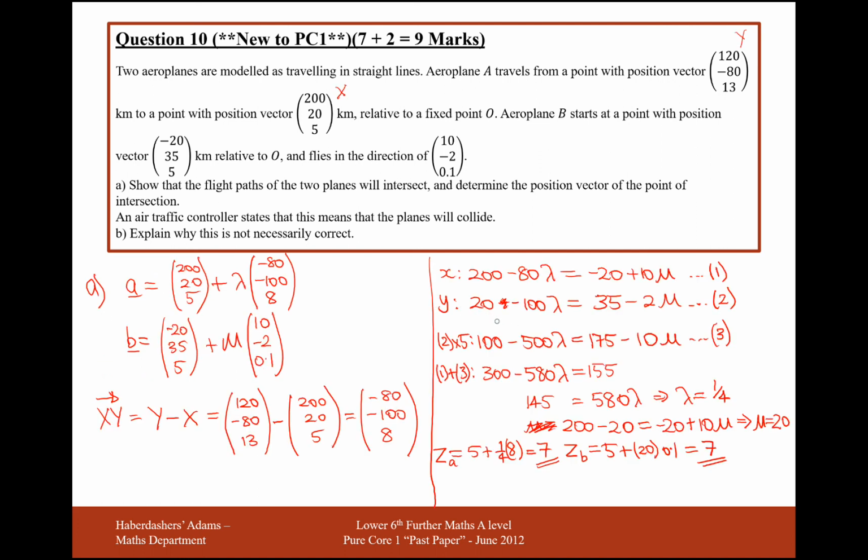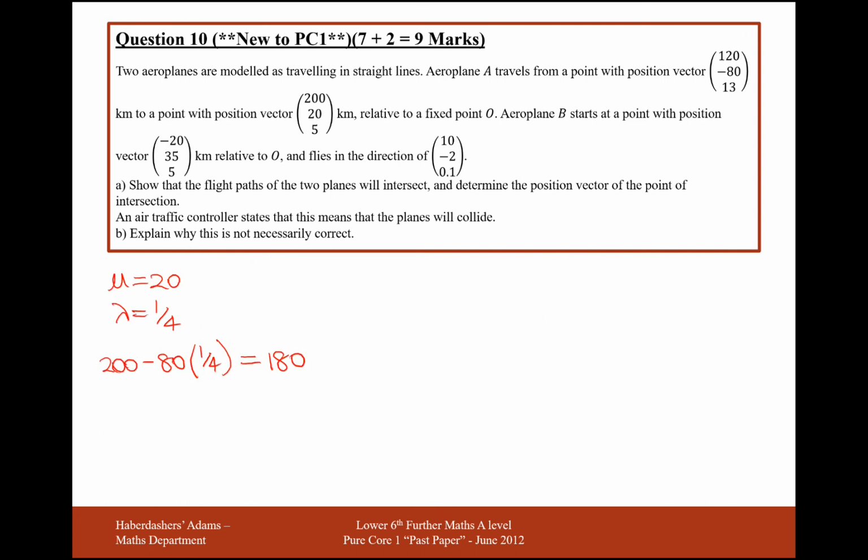And for the y one, it's going to be 20 take away 100 lots of 1/4. So that's 25. 20 take away 25 is minus 5. So the position vector at which they will intersect is 180, minus 5 and 7. Excellent.